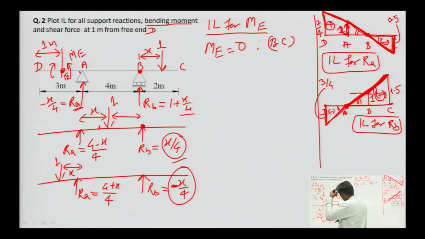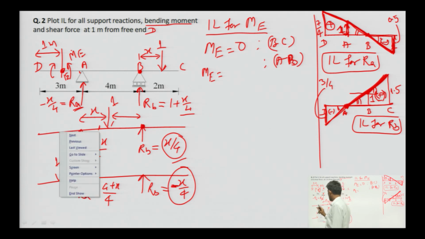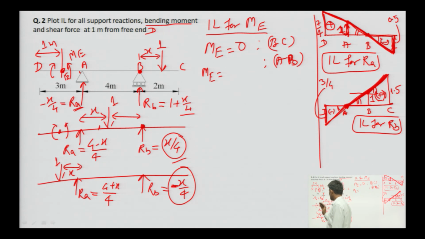For the BC segment, we do not have any bending moment, and for the AB segment, equation of bending moment here, at this point, again if you consider this one part, no force is acting.